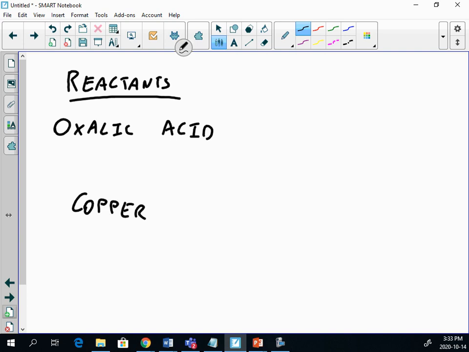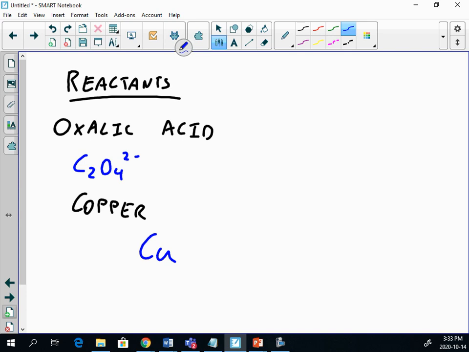Of course, copper is just Cu. Don't need anything fancy there. But for oxalic acid, I can look up and find my oxalate ion. And oxalate is, well, you probably just find it as C2O4, which is totally fine, with a 2- charge. If you found it in another form, like maybe OOCCOO, that works too.